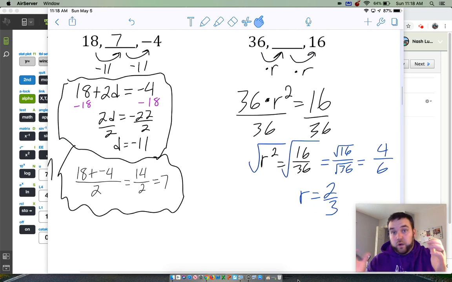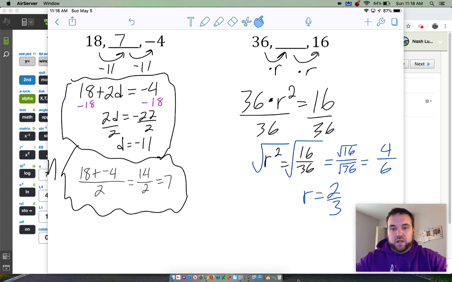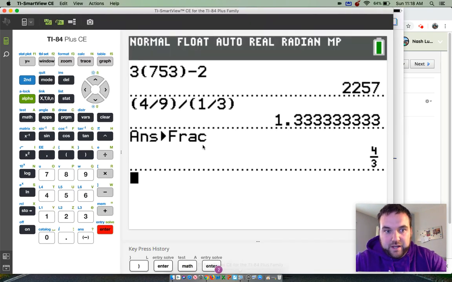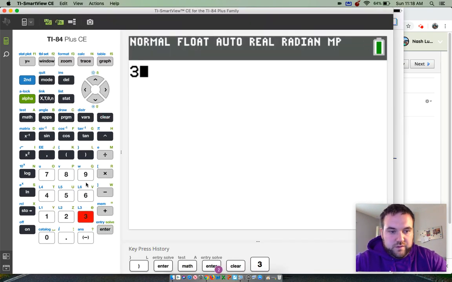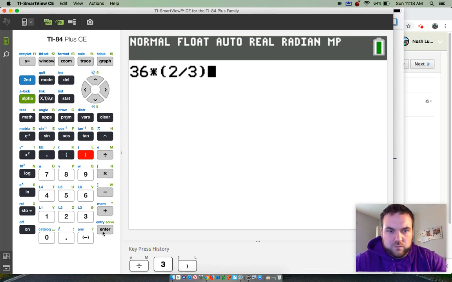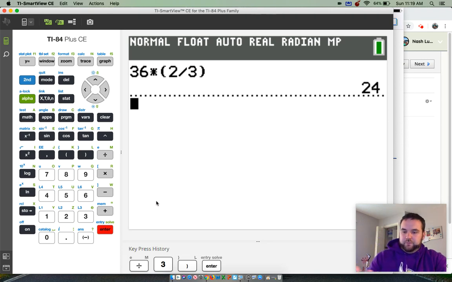Again, okay, great, I have the pattern, but I still don't have the actual answer. So I'm going to take the first term, which was 36. I'm going to multiply that by 2/3. 36 times 2/3 gives me 24. 24, yep. So come back here.